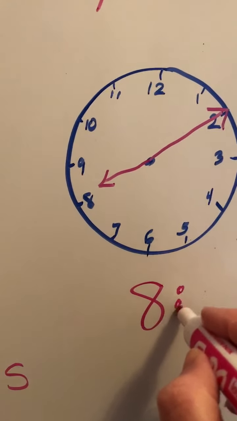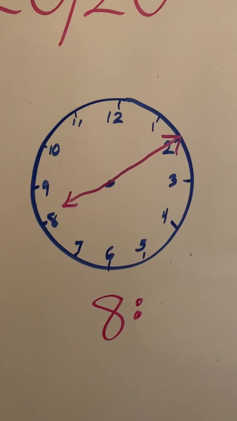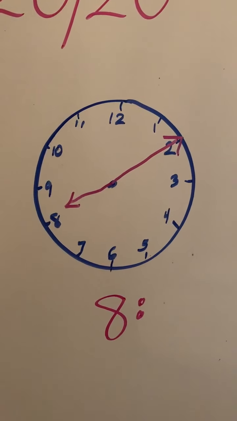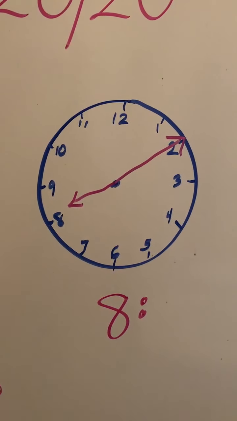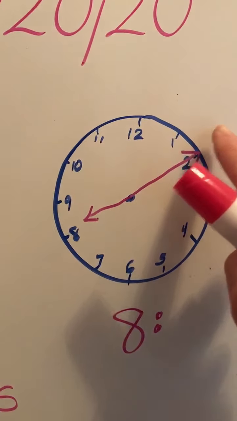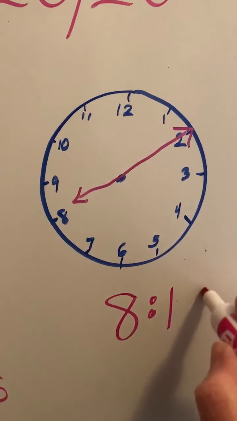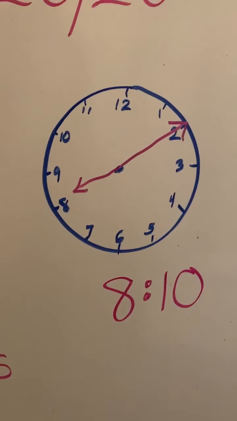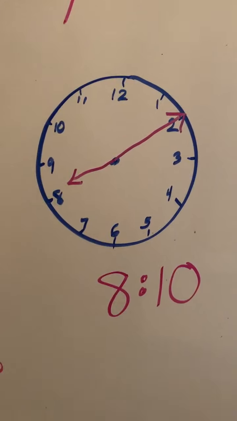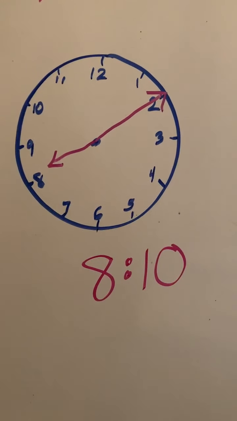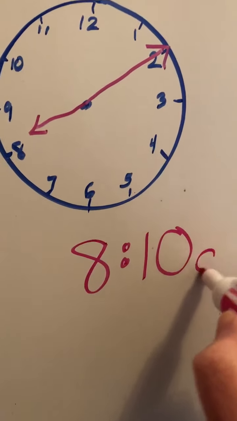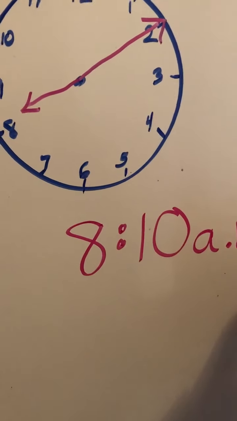And then how about your long hand? If we count by 5s, how many minutes past the hour of 8 is it? 5, 10, right? So it is 10 minutes past 8, or 8:10. It's in the morning. Is it AM or PM? It is AM, so we would say 8:10 AM.